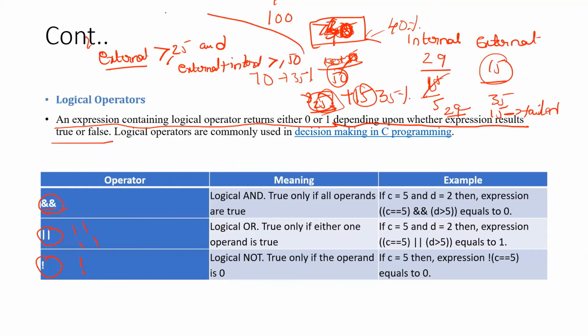You are supposed to satisfy these two conditions to check the result of a student in a particular subject. I need to check this first condition and this condition. Both should be satisfied.